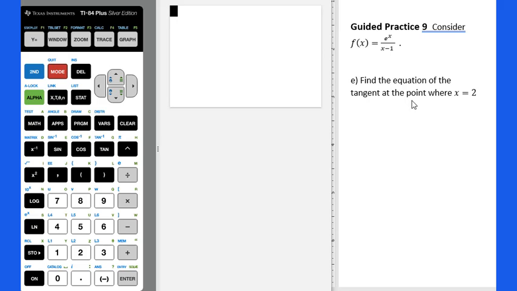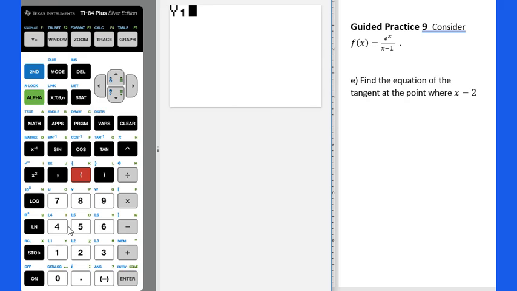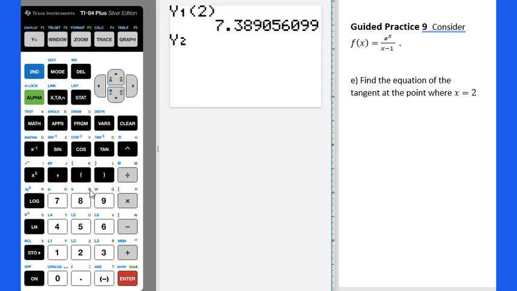Let's go to E. Find the equation of the tangent at the point where x equals 2. I will go to alpha trace, put in 2. This will be the coordinates for this point. And we put alpha trace, go to y2 to get the slope.